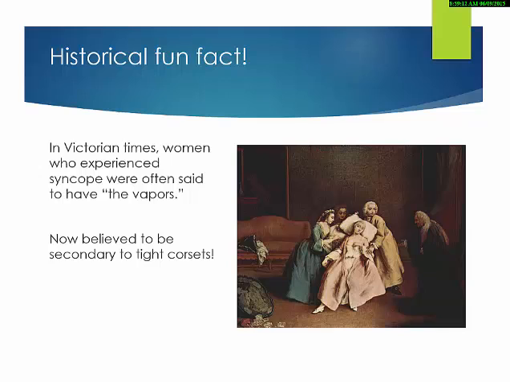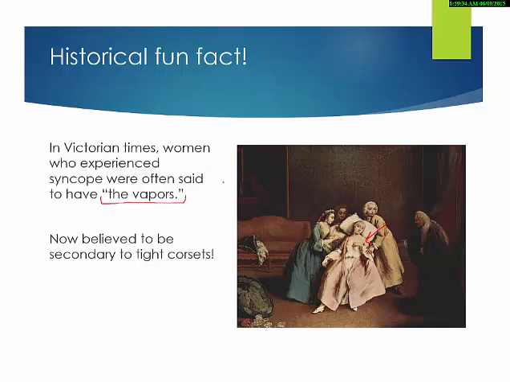Here's a historical fun fact. Young ladies, like this young lady right here, back in Victorian times, women were said to have the vapors, and occasionally you'll still hear an older person say that someone got the vapors. This was actually a bucket term for a lot of things that females of the day experienced, but passing out was one of them.